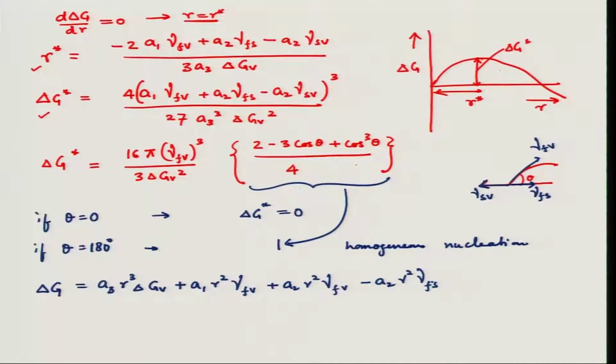Let me double check. Sorry, this is SV. This is FS, this is the surface being formed, and this is FV. So, this was my expression, which is a generalized expression.